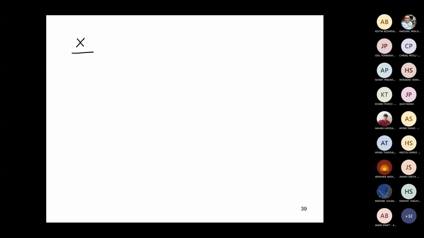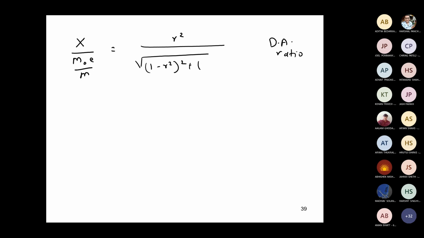So let's write the equation for this, that is the dimensionless amplitude ratio. I hope you recall this term. So x divided by m0e upon m is equal to r square upon square root of (1 minus r square) whole square plus (2 zeta r) whole square.